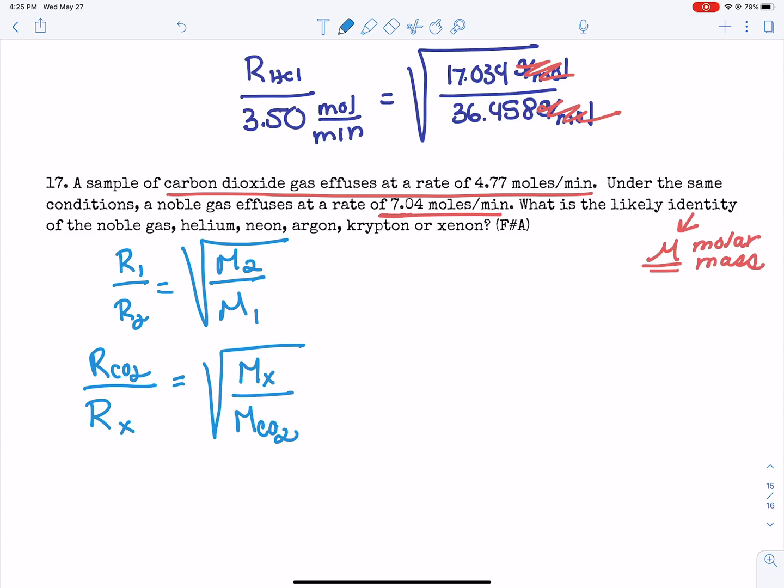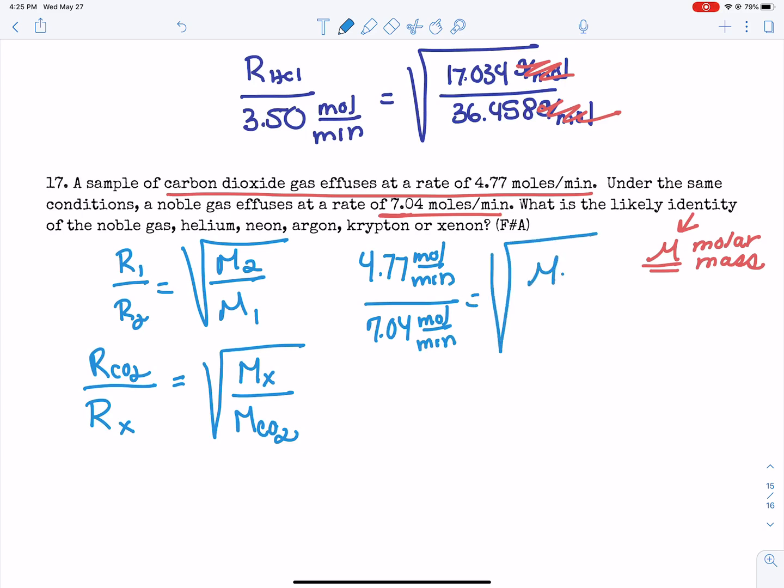So now let's start plugging some things in. 4.77 moles per minute over 7.04 moles per minute equals big, huge square root. The molar mass of compound X, which I don't know, over the molar mass of carbon dioxide, which is 44.01 grams per mole.